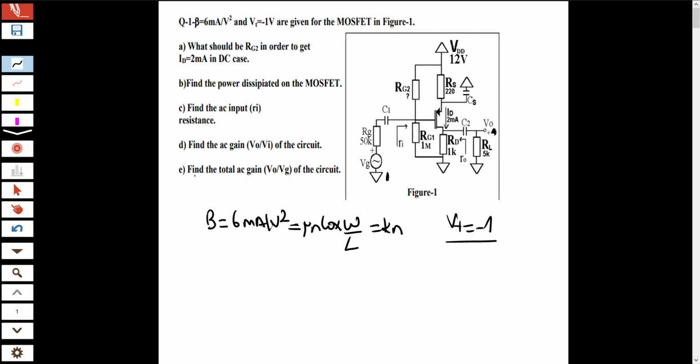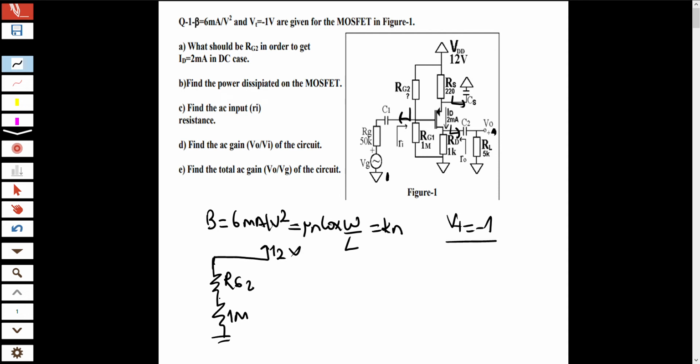DC case. Remember, in DC case, capacitors are open circuited, so there will be no current passing through this side, also this side, also this side. So my circuit in DC case becomes like this. This is 1 mega. Our R gate 2 is wanted to be known.